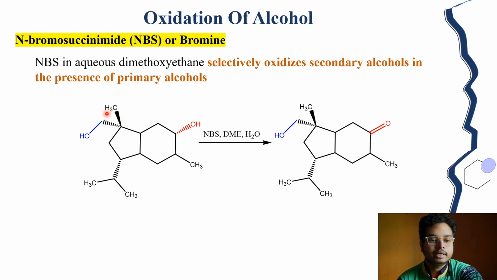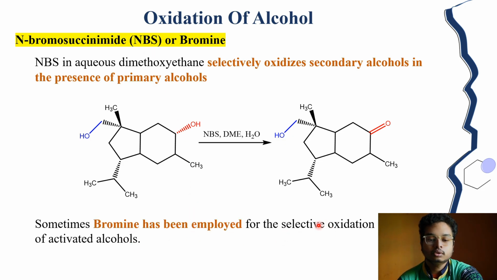Here also there is a primary alcohol and a secondary alcohol. NBS will do the secondary alcohol oxidation. However, in some cases not only NBS can be used, direct bromine is also used for selective oxidation of activated alcohols. You have to remember that if bromine is there, then you also go via the same pathway.